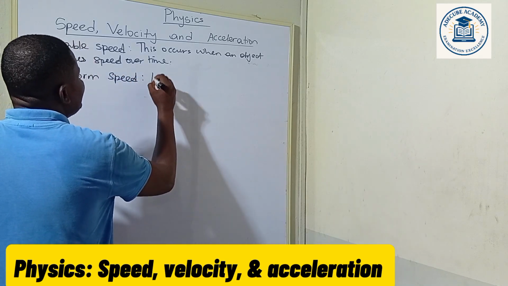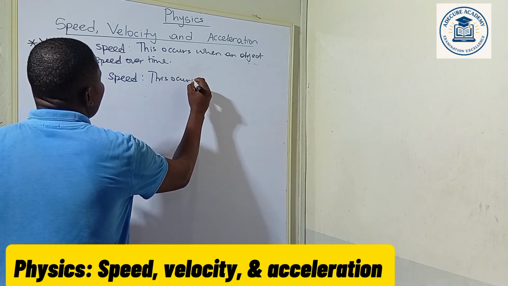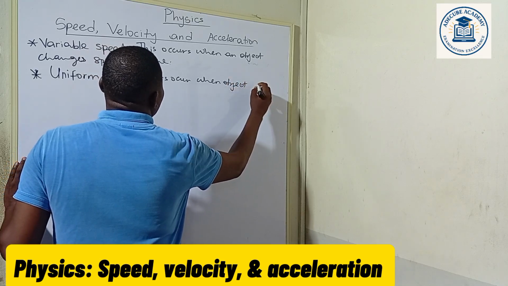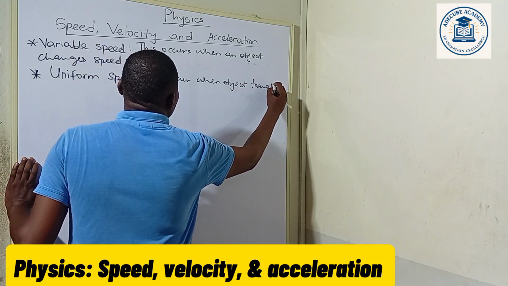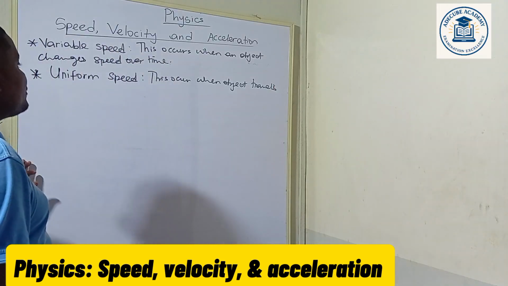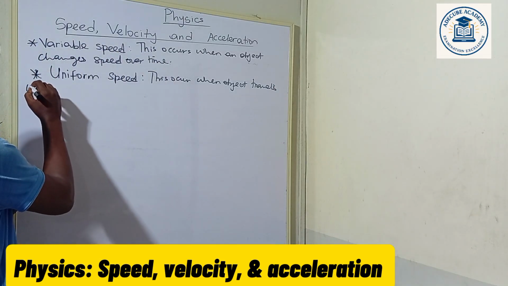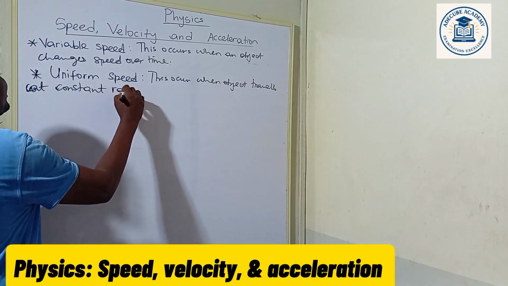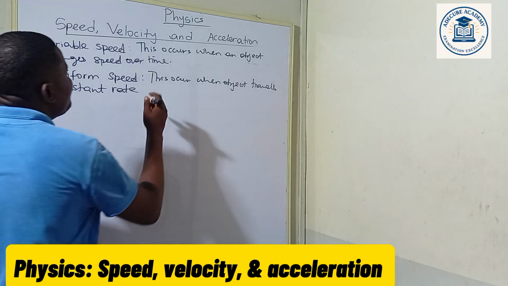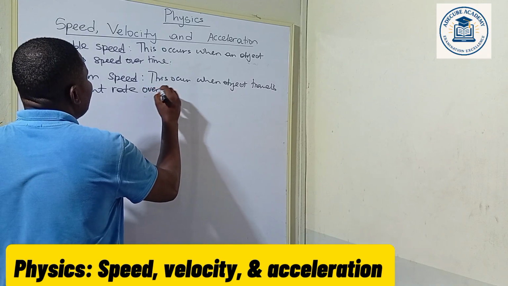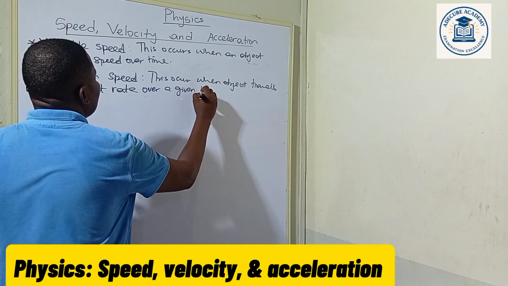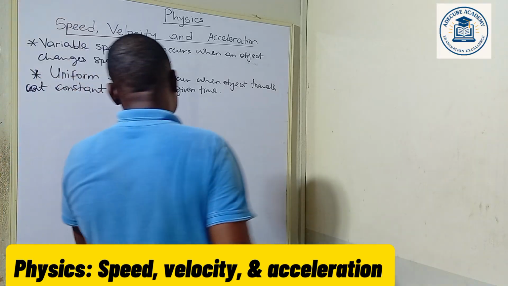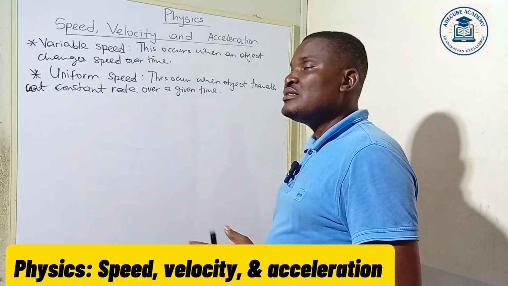Now, uniform speed. This occurs when an object travels at a constant rate over a given time.